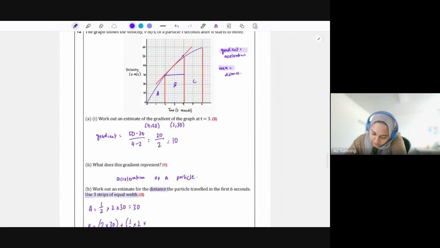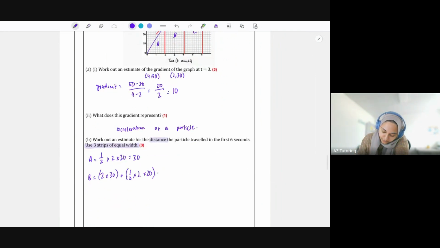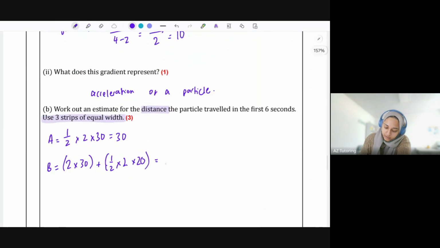We can estimate that to be 20 again. Really, if you want to be really accurate, it is roughly around here, but I'm just going to say 20. Working that out, 2 times 30 is 60. 20 times 2 is 40. 40 times a half is 20. So we get 80 for strip B.